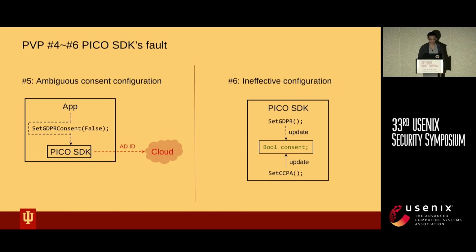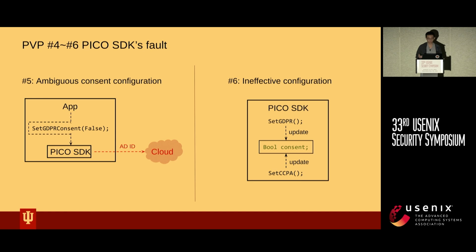And on the right-hand side is our sixth pattern. The sixth pattern is basically a design flaw in some of the PICO SDKs. Some PICO SDKs choose to create a single variable to store both the GDPR consent and CCPA consent.